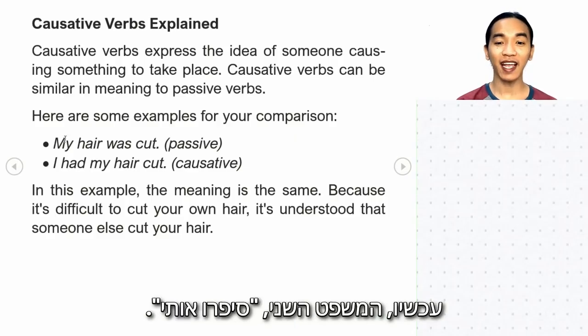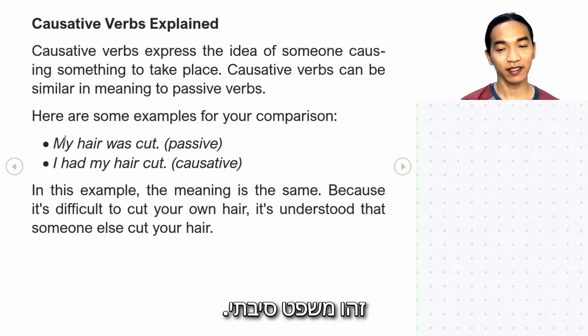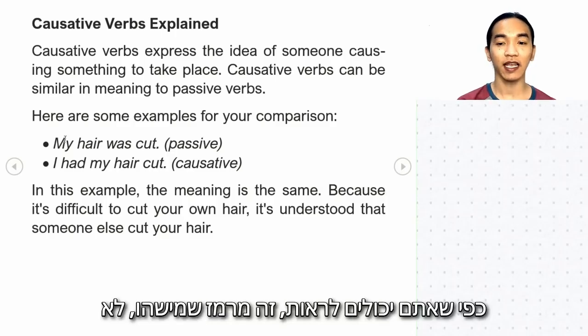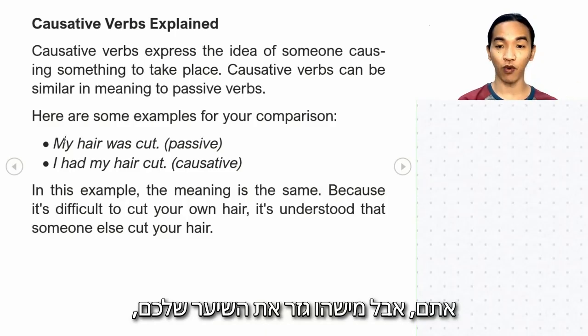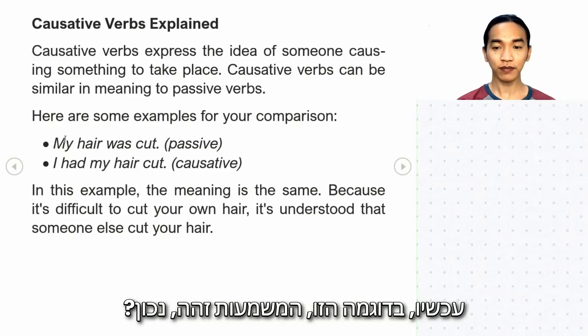Now, the second sentence: I had my hair cut. This is a causative sentence. As you can see, it implies that someone, not you, cut your hair. Now, in this example, the meaning is the same, right?